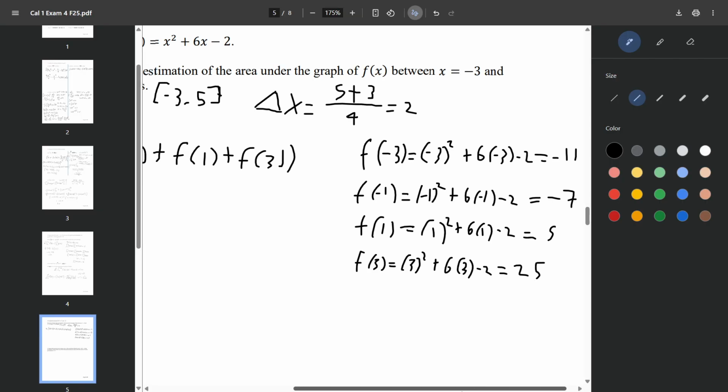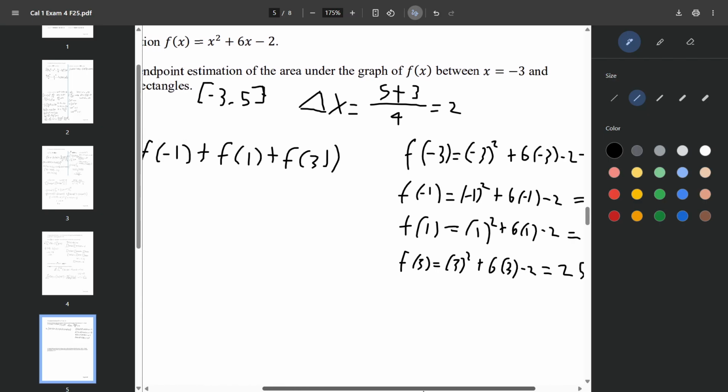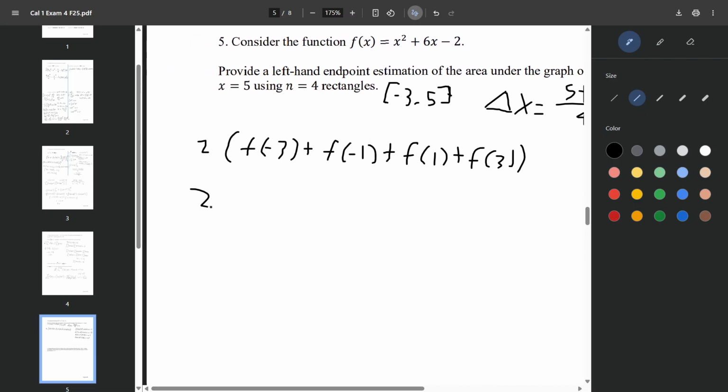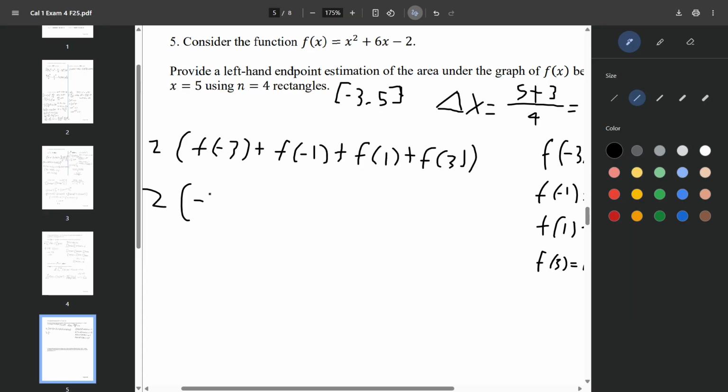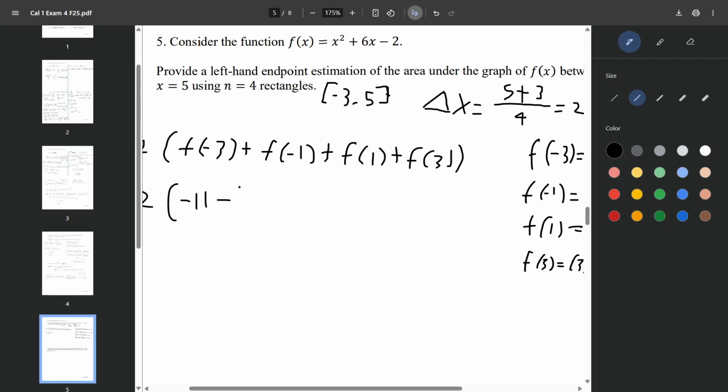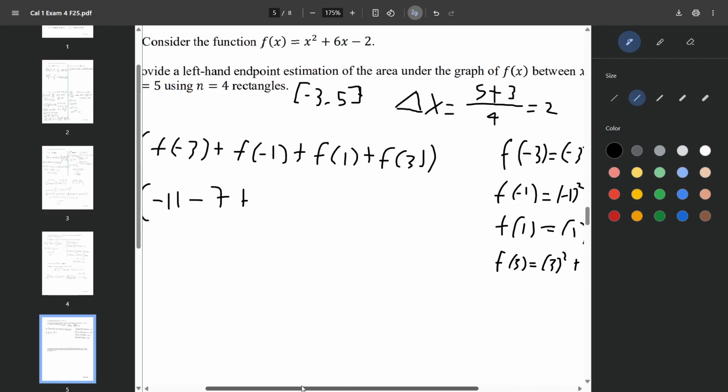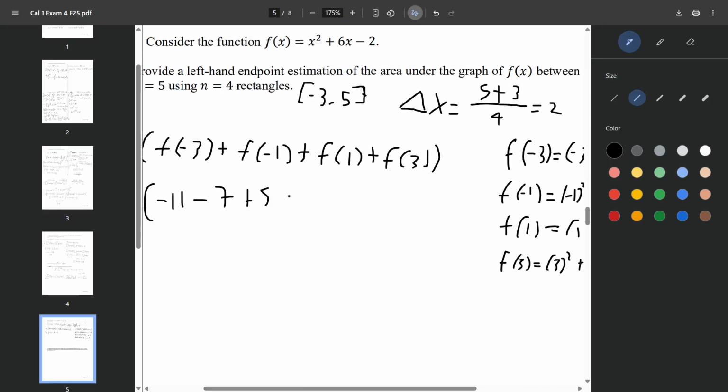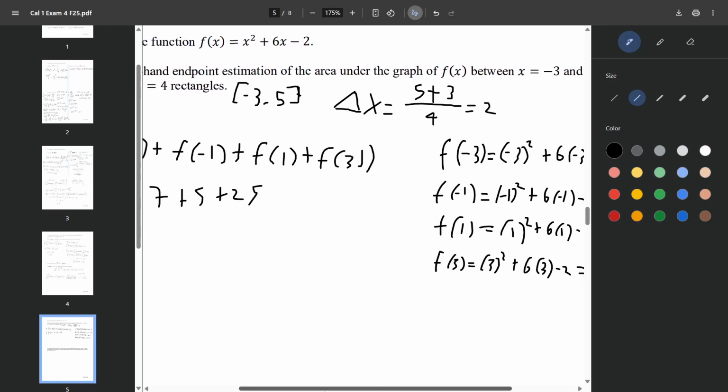So now that we have all of our f of x values, we plug in those values. Start off with -11 minus 7 plus 5 plus 25.